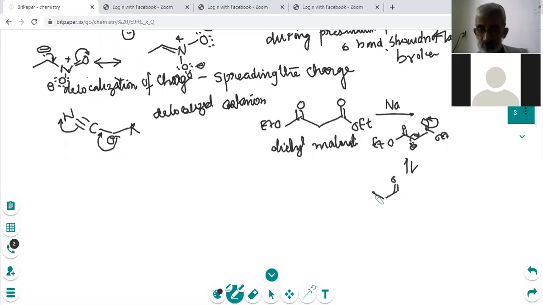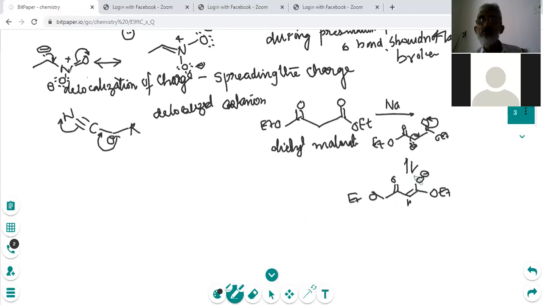OEt, O minus, double bond here, OEt. Now see this, the other carbonyl group also can stabilize it.